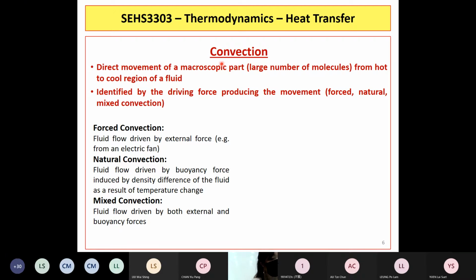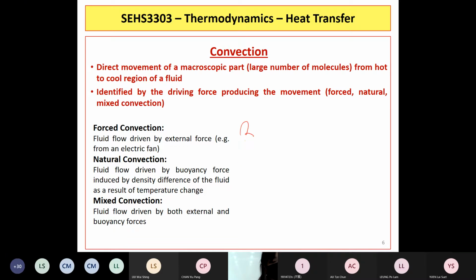Forced convection. The driving force is the external force. That means the fluid flow is driven by a mechanical means, like an electrical fan.